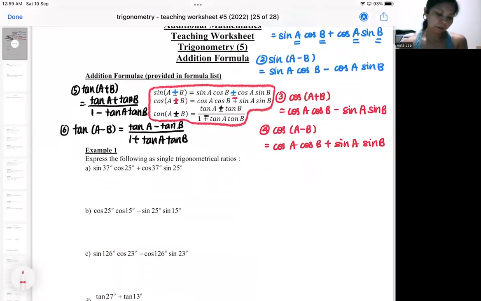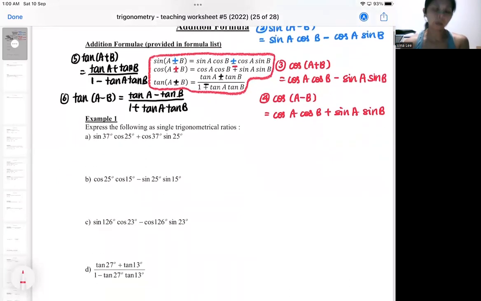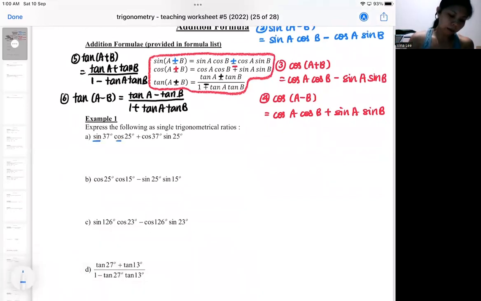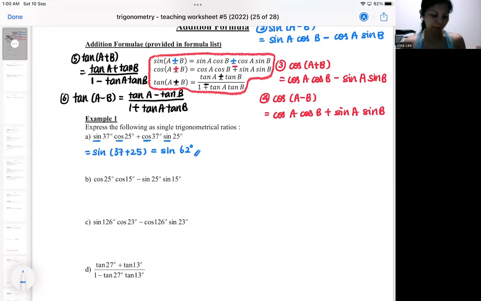For the first example, you will see whether you can match the formula. You look at it: sine, cos, cos, sine. That should fall under sine 37 plus 25. The next one is cos cos minus sine sine. That's under cosine, following the opposite sign.